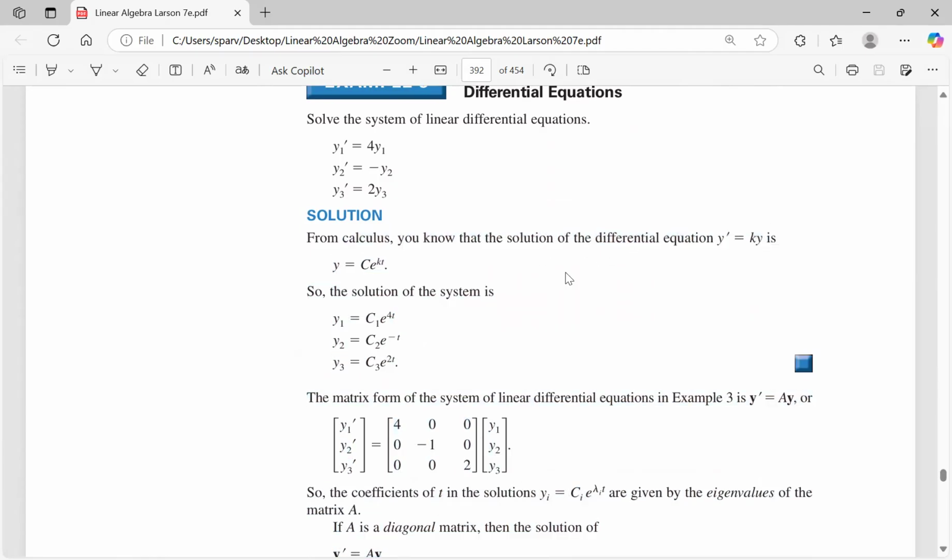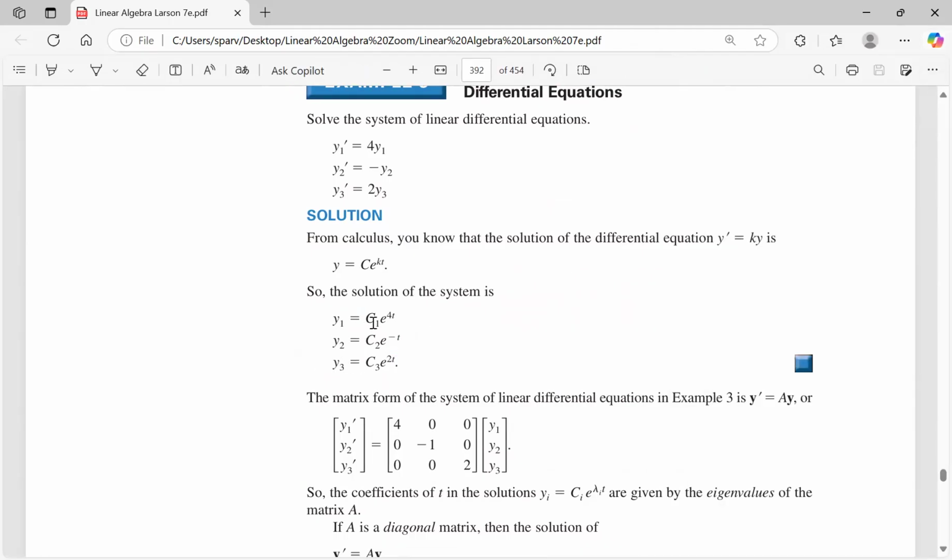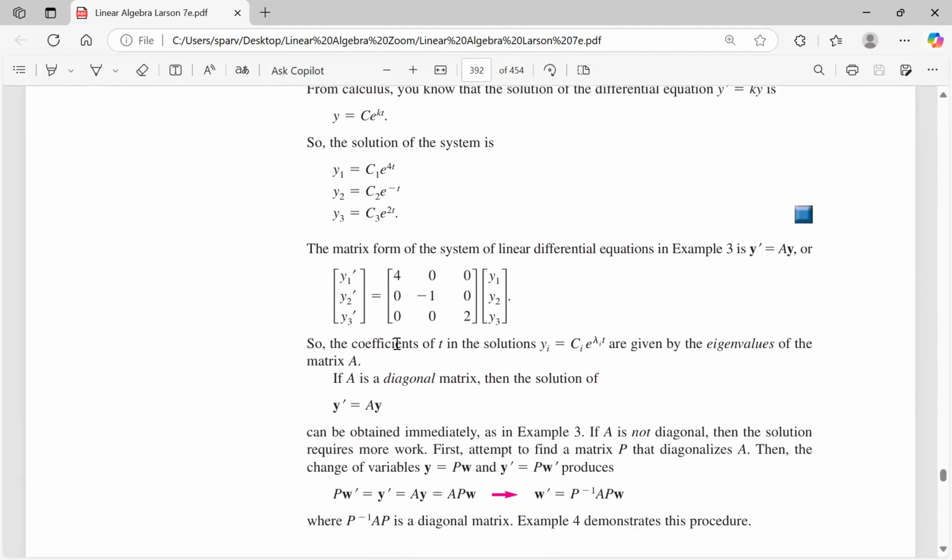Well, we'll take it at face value. Suppose these are the solutions. Then here's a solution to the system. Remember, the solution is actually going to be functions y1, y2, and y3. And this is the matrix form of the system of differential equations here.